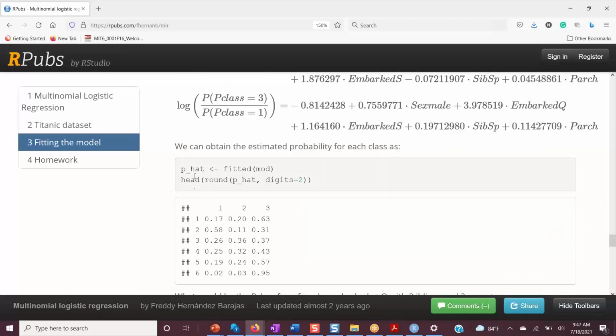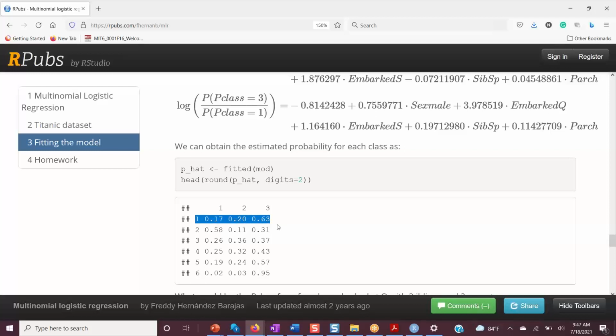Now, with this, we can obtain the estimated probability for each class as follows. There is a fitted function, and this is the model built, right? So you can say round, p hat fitted model, and then round it to 2 digits. That's what is happening here. Remember, this is for each of the observations.